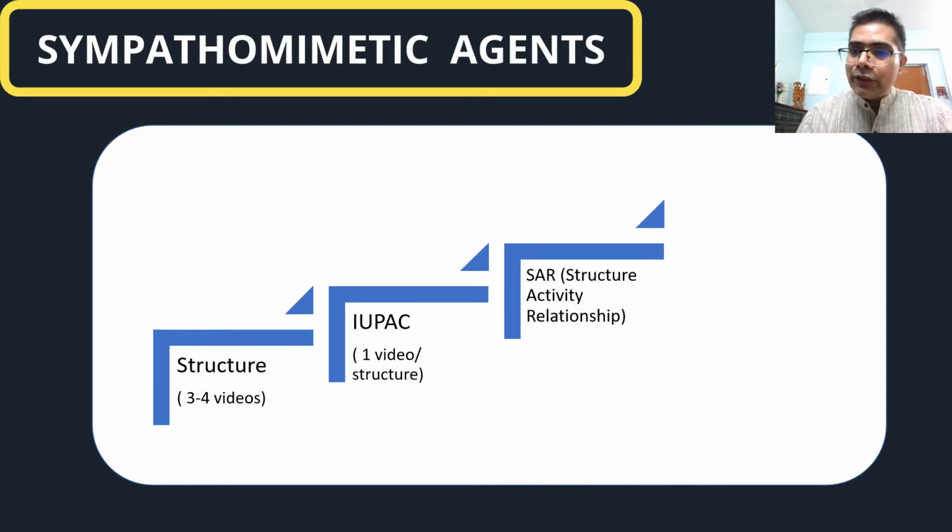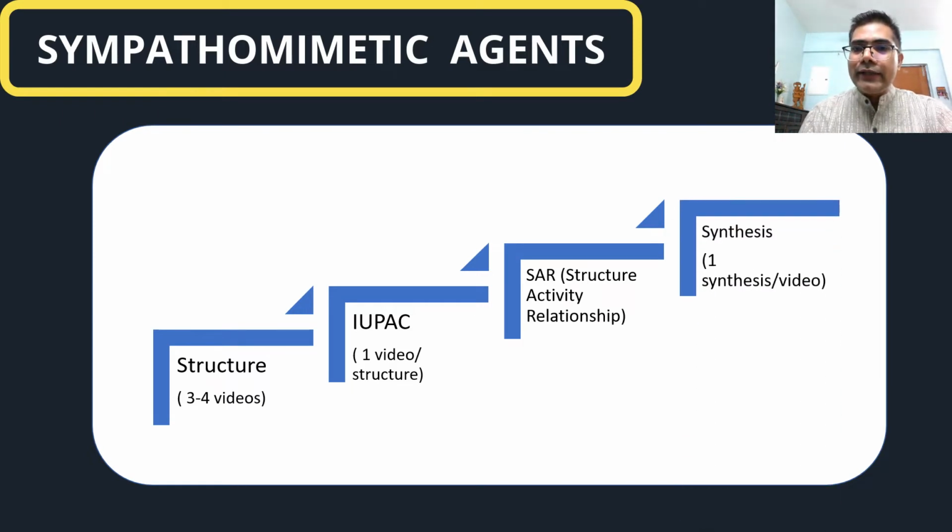Then the third objective will be to understand the structure activity relationship, how the drug binds to the receptor, and what if we do some change in the structure of that molecule, how it's going to affect the activity at that particular receptor, right? So that is what we are going to understand. And then finally we will be taking up the synthesis part.